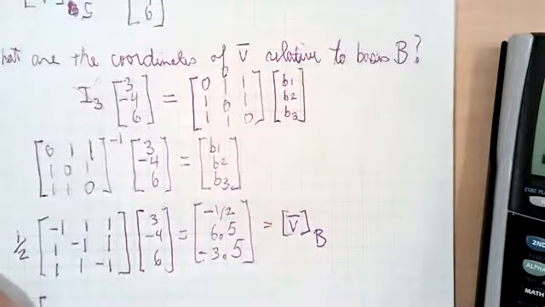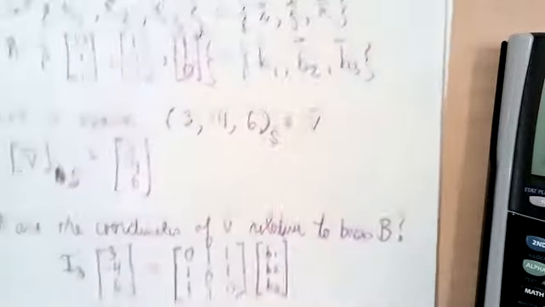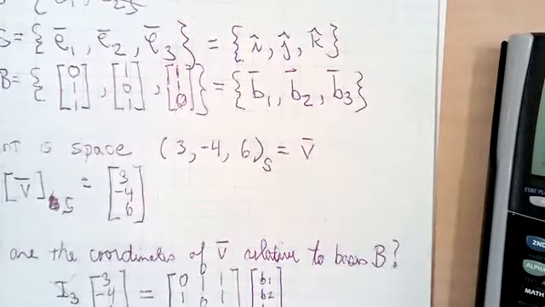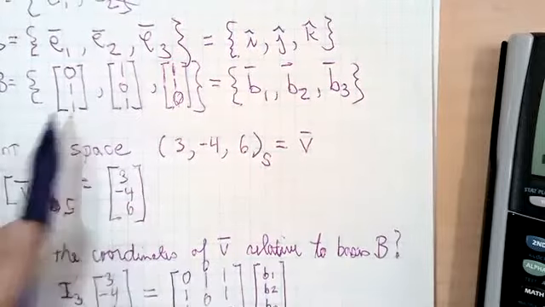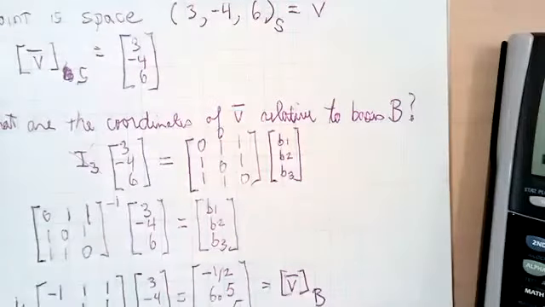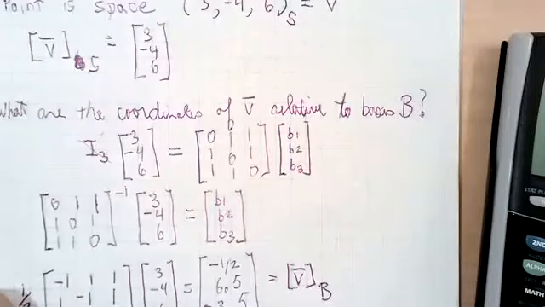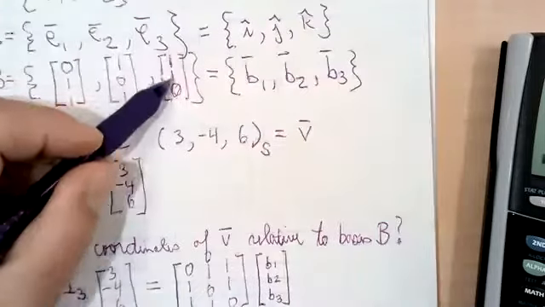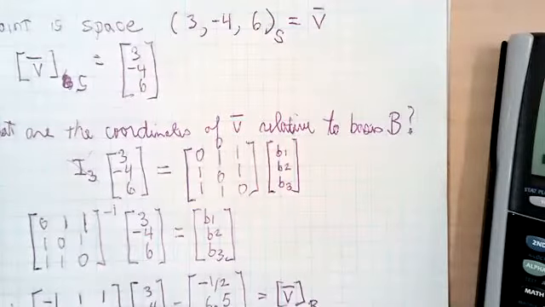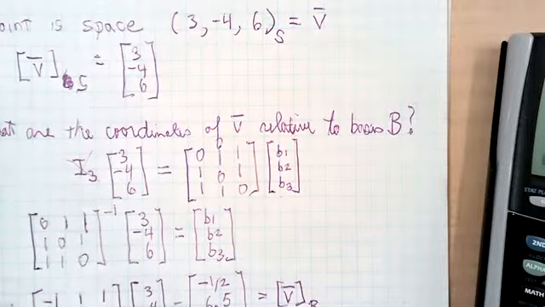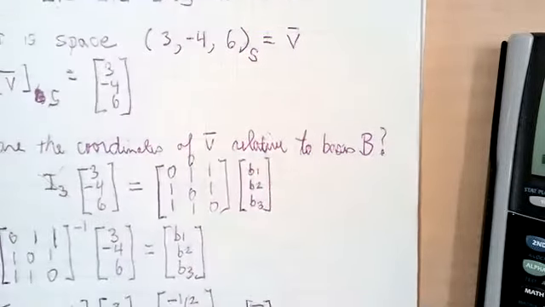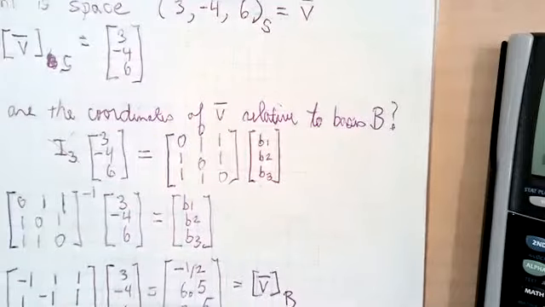What is my basis? The basis is this one right here: 0, 1, 1; 1, 0, 1; 1, 1, 0. And then I want to multiply it by these coordinates.